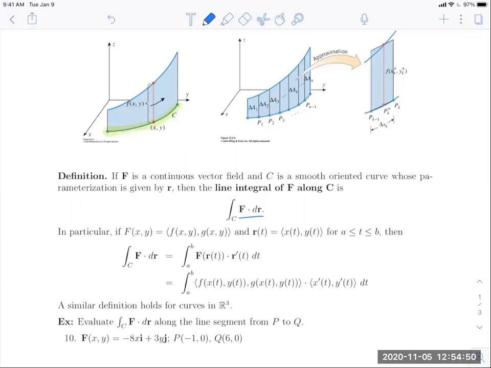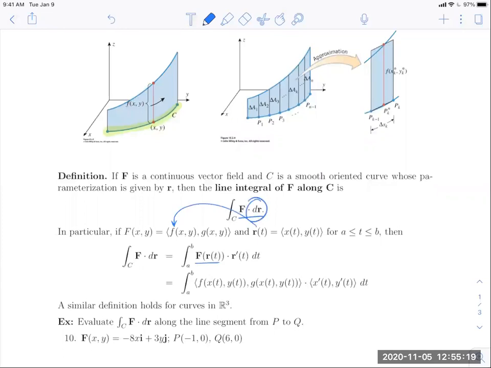It says, in particular, if F is the function that inputs a coordinate point (x, y) in two space, then you can think of it as two component functions. Remember, this is a vector field, so it inputs a point and it outputs a vector. And if r is a parameterization here, (x(t), y(t)), then what we want to do is take r and plug it into our vector field F. So you'll notice we have F of r of t.